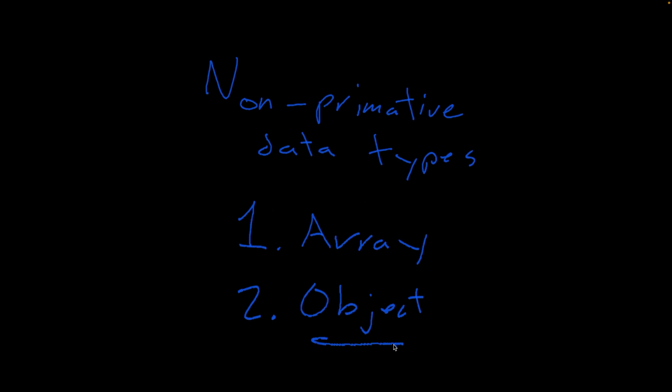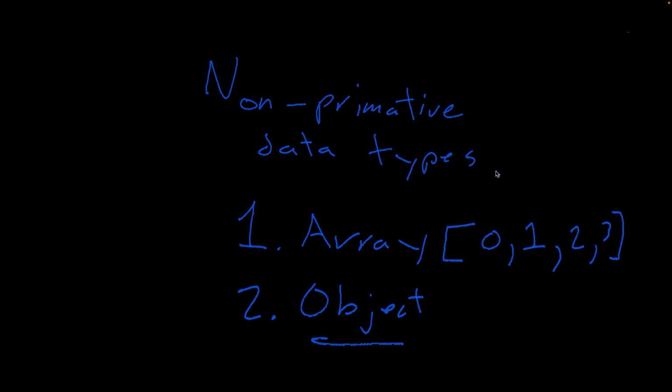The way an object works is it stores values like an array does, but it doesn't store the values in an order that is indexed. In an array, we have these values representing the indexes that they're at.